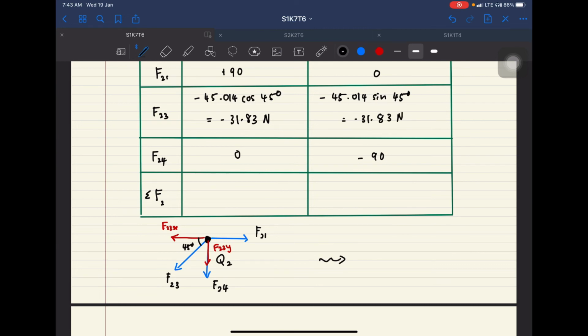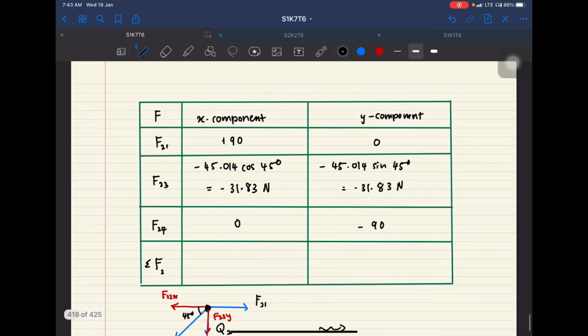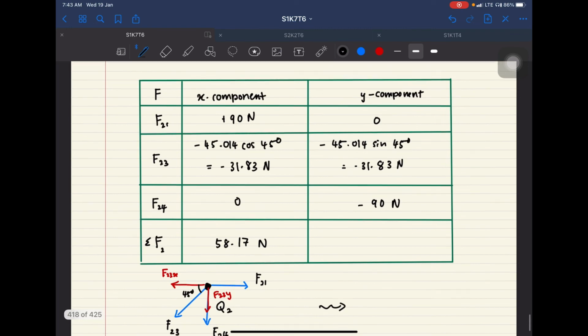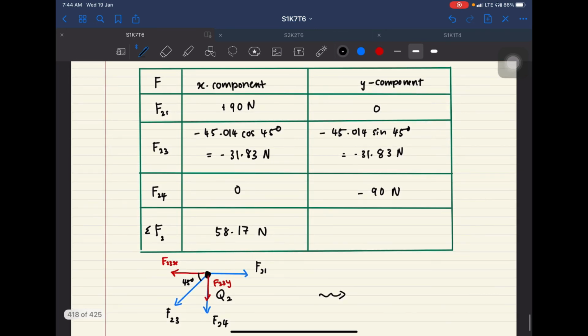So you have to do the addition, you have to sum it up, column by column, this column and then this column. So it will be 90 minus 31.83, here I got 58.17. Okay, I can put the unit over here if I want to. Negative 121.83.